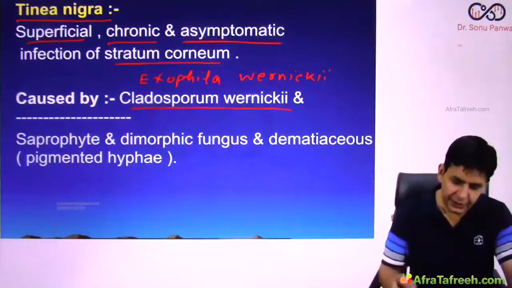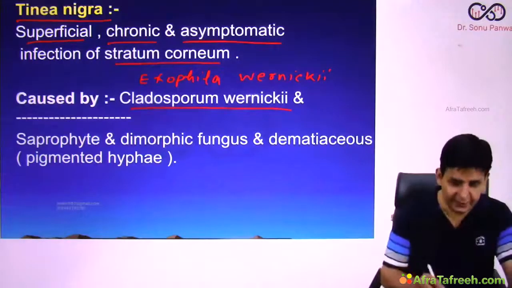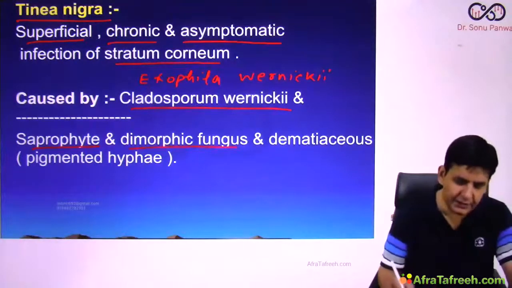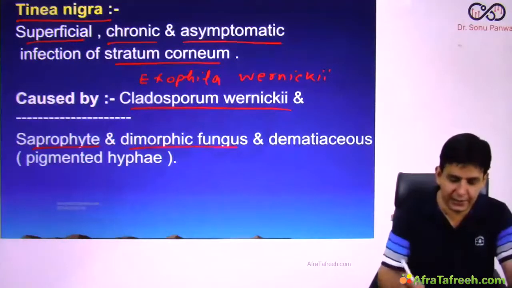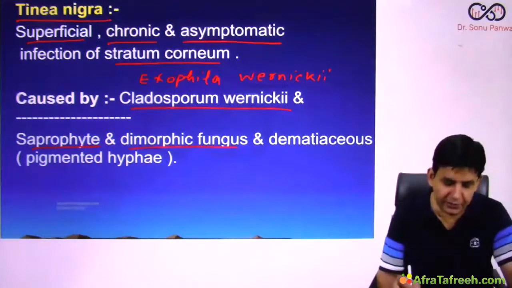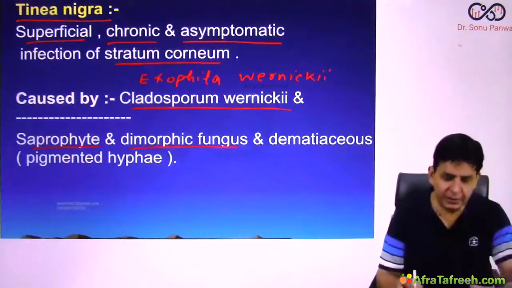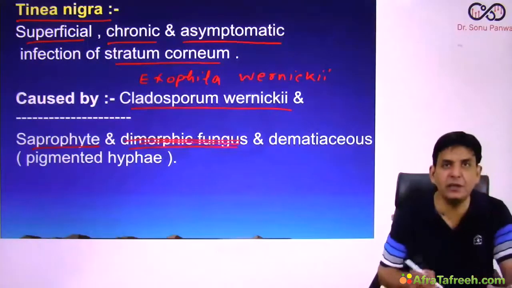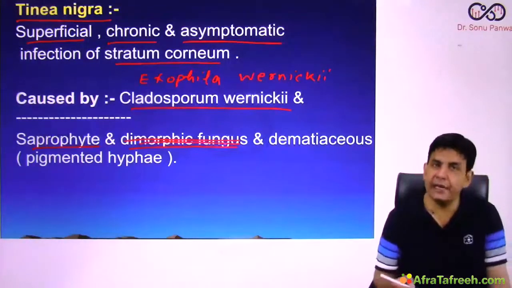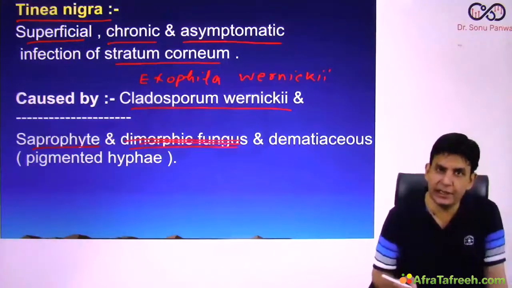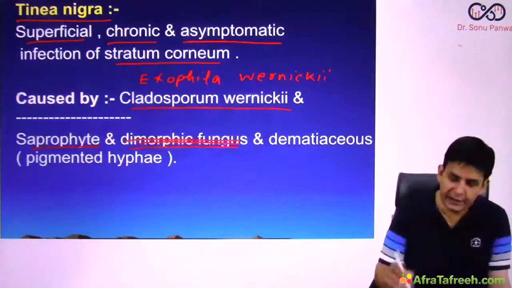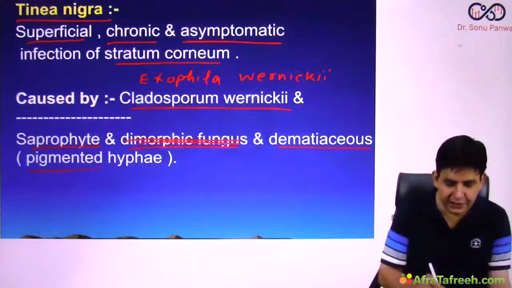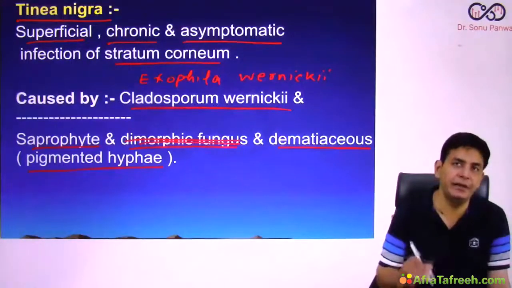Remember one thing, it's a saprophyte. I should not say that it is a dimorphic fungus, because it does not show dimorphism. Dimorphism is defined for specific fungi, so that is a wrong statement. It is not dimorphic. It is a dematiaceous fungus, which is the correct statement, and it has pigmented hyphae.